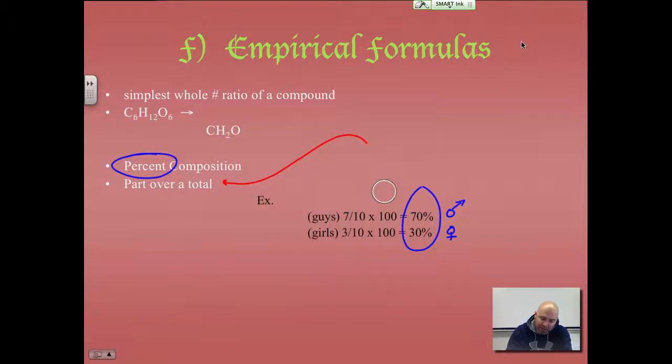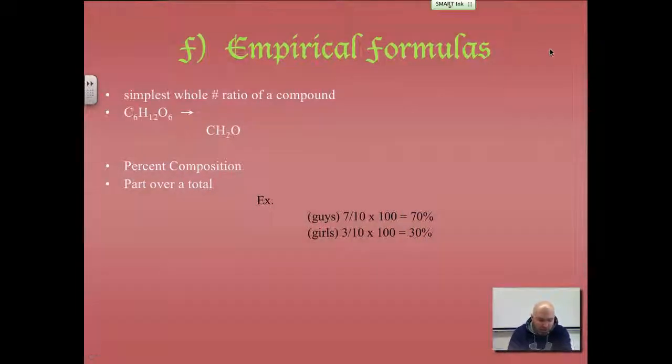Now we can do percent composition for compounds as well. If I want to know the percent composition by mass of elements in a compound, let's take a look at H2O. H2O is water, and it has a total mass of 18 grams. Of course, that's 18 grams per mole.